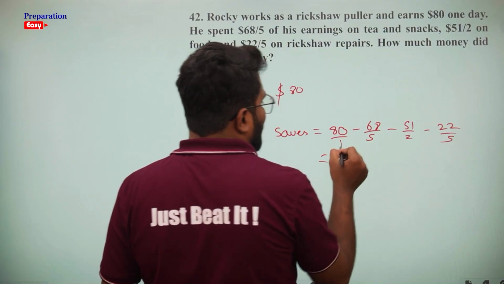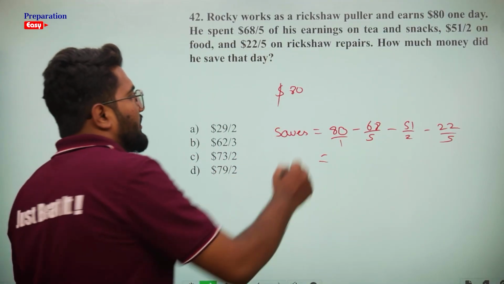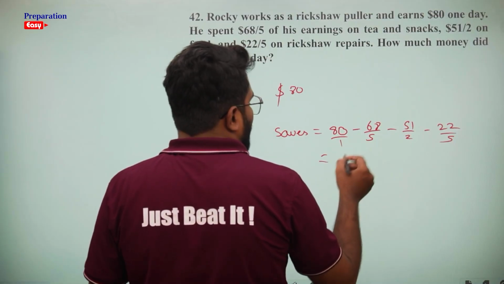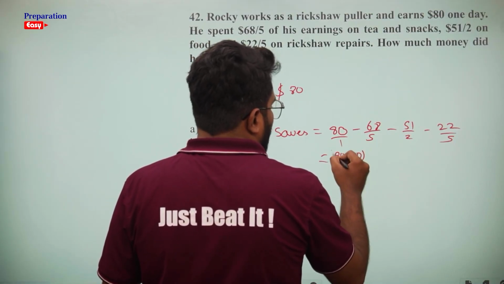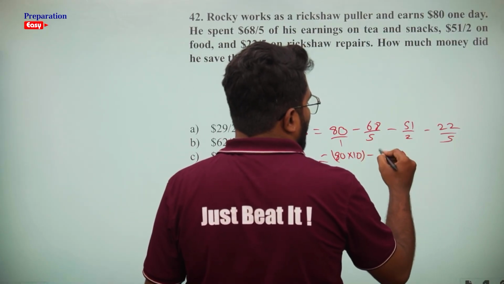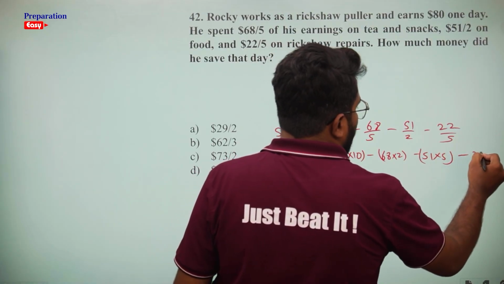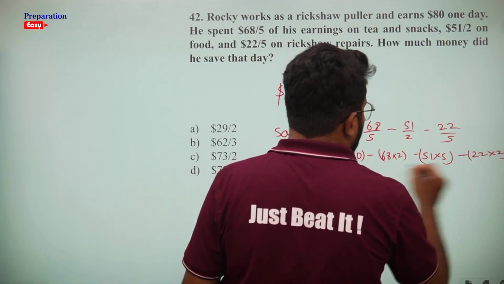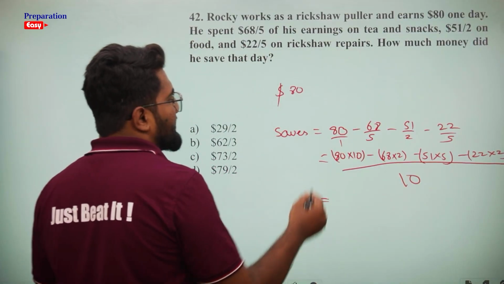If I take the LCM of 1, 5 and 2, it will become 10. So 80 multiplied by 10, minus 68 multiplied by 2, minus 51 into 5, minus 22 into 2, divided by 10. So what will be the answer?